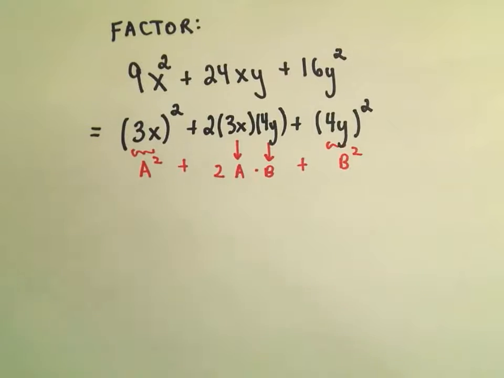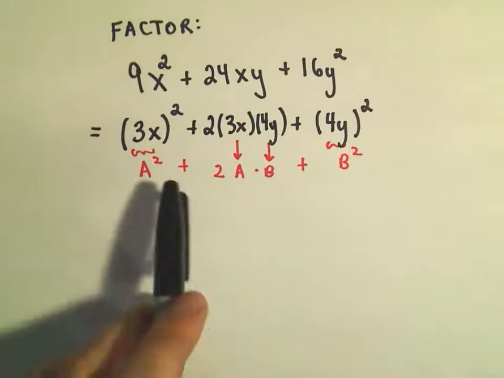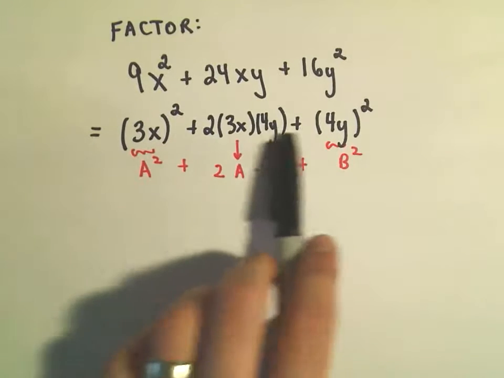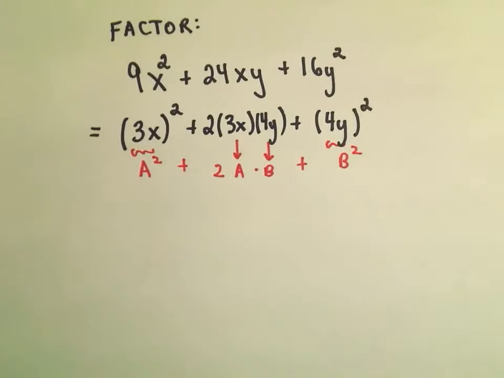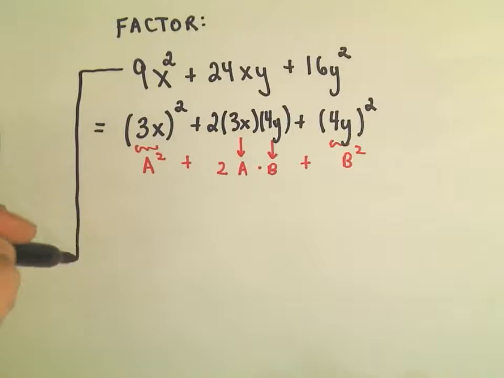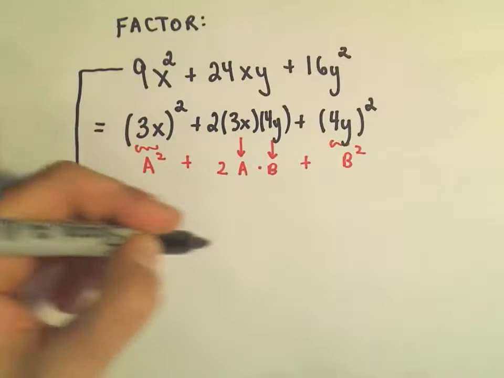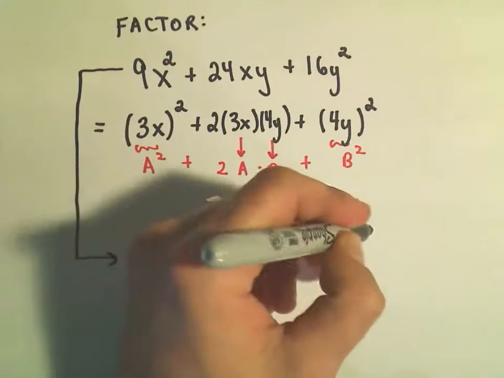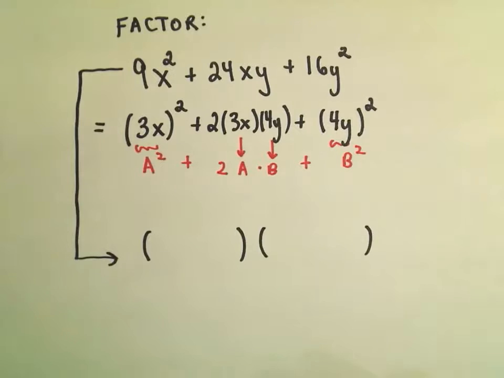So typically what I do though, honestly, I don't really recognize this so much. Typically if I see a problem like this and I have to factor it, I just cross my fingers and hope that things work, and if not, I start changing them.